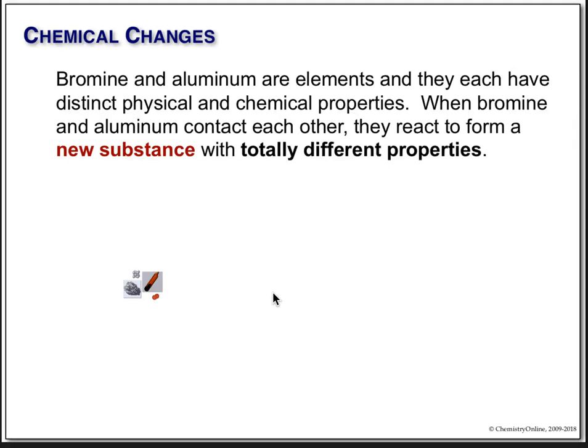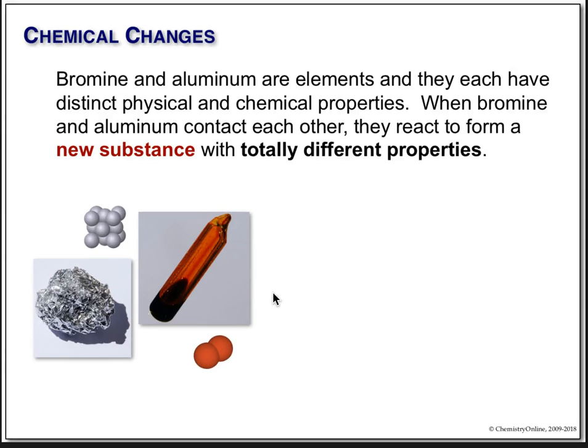A simple demonstration of a chemical change might be this. This is aluminum, and this is bromine. Aluminum's a metal. Bromine actually exists as the element, as two bromine atoms linked together.